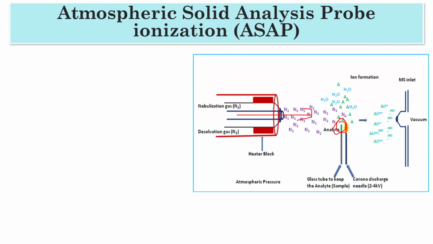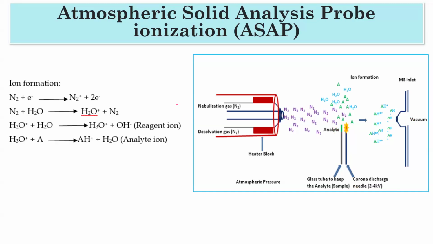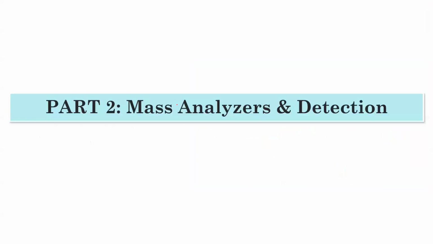This nitrogen gas will first get ionized because of the corona discharge, and then it hits your analyte, which gets desorbed from the surface, and this analyte will get ionized and then go to the mass analyzer. Similar concept. If there is any question, please write in the chat box.